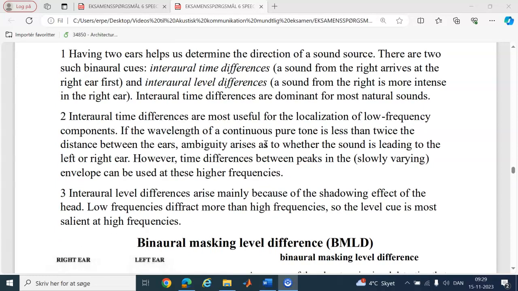If the wavelength of a continuous pure tone is less than twice the distance between the ears, the frequency is too high. Ambiguity arises as to whether the sound is coming from the left or right ear. However, time differences between peaks in the slowly varying envelope can be used at these higher frequencies.